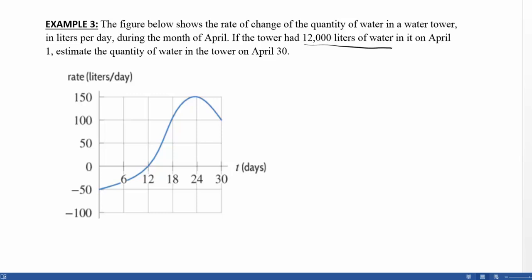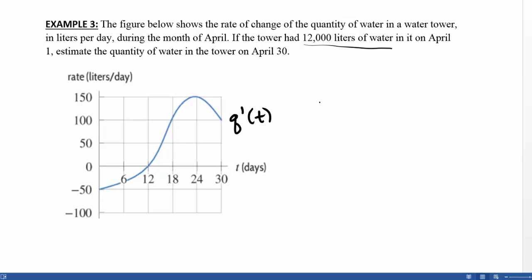So there's a lot of information here, and then we have a picture that's telling us the rate at which the water is changing. Let's give these functions a name to help us understand what we're doing. Let's call this Q prime of t, the derivative of quantity, the rate at which the water quantity is changing.